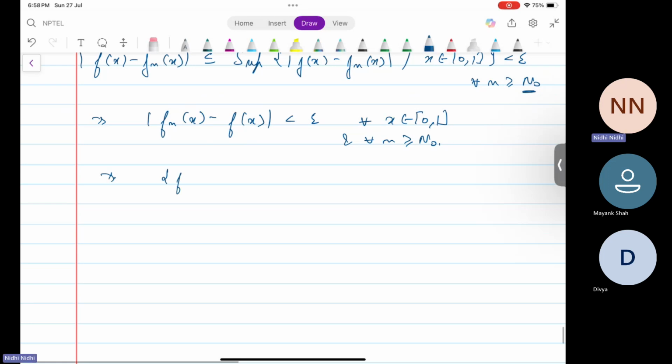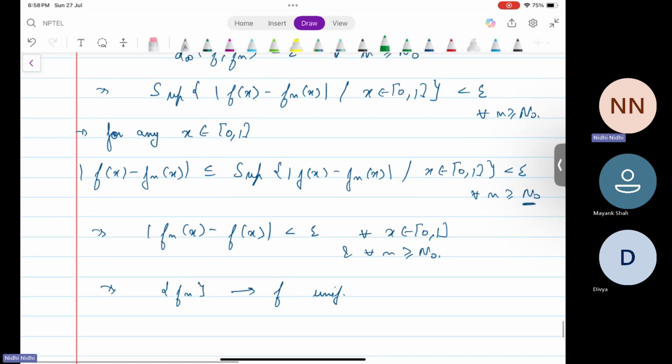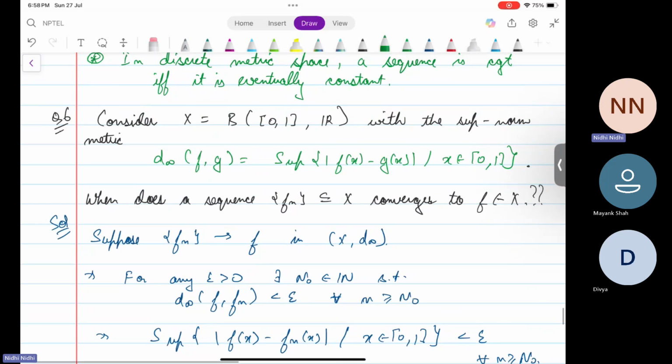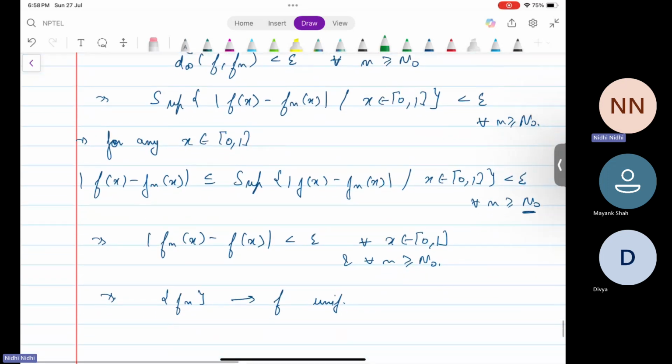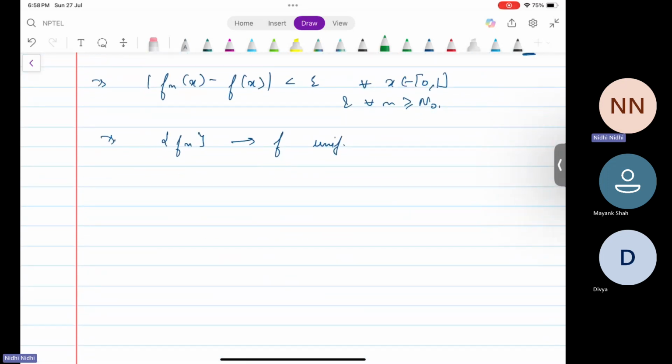That means f_n converges to f uniformly. Conversely, you can also see that if a sequence is converging uniformly, it will converge in this space. Therefore, this is also a good result: f_n converges to f in this space of bounded functions with sup norm if and only if f_n converges to f uniformly.